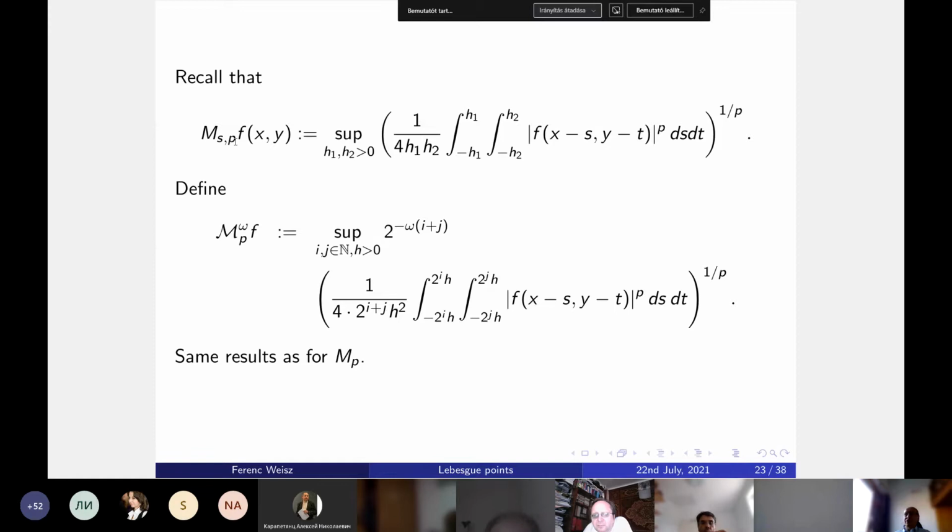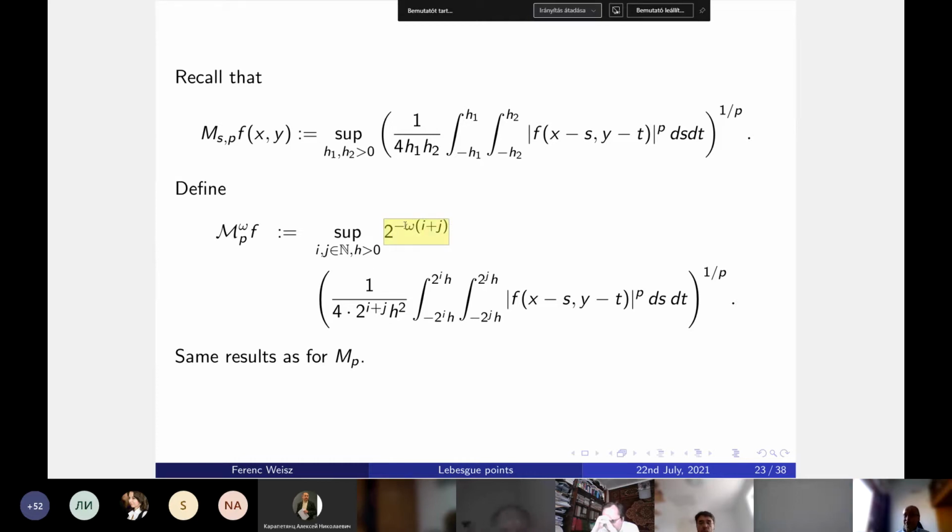This was the definition of the strong maximal function. We integrate here over rectangles. I modify again this definition and introduce the M_p^omega maximal operator. I integrate here again over rectangles. I divide here by the measure of the rectangles, but I have also this weight function.